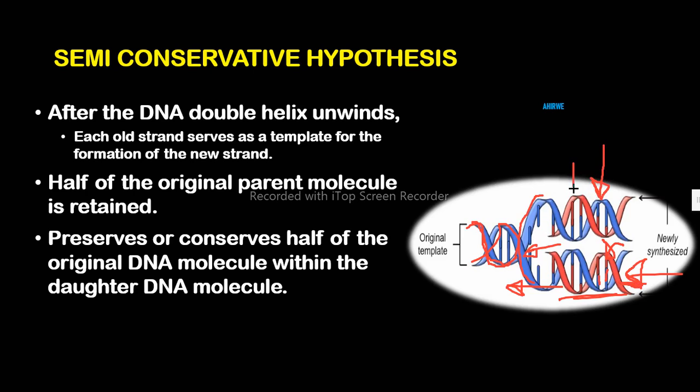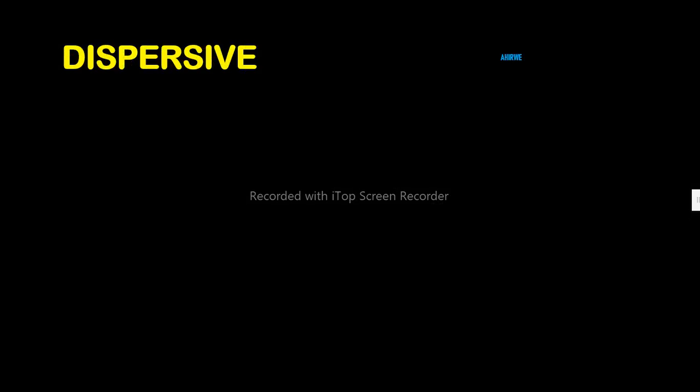And this new strand of DNA formed here is going to be exactly the same as this old strand here. So there is no reason why the two cannot bind to form one DNA molecule. So that is the semi-conservative hypothesis.